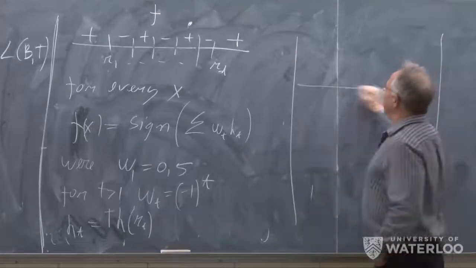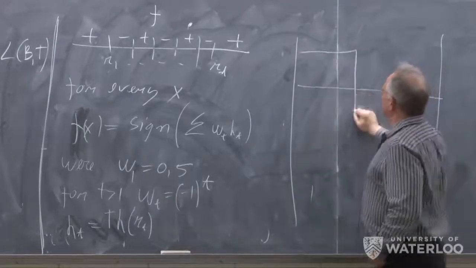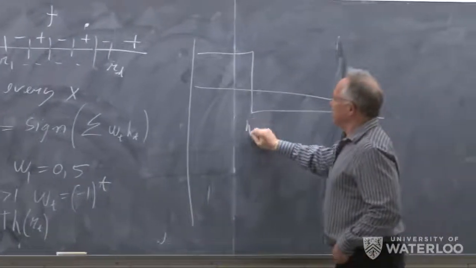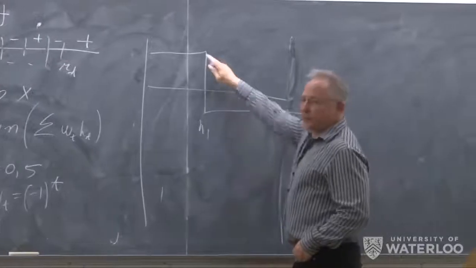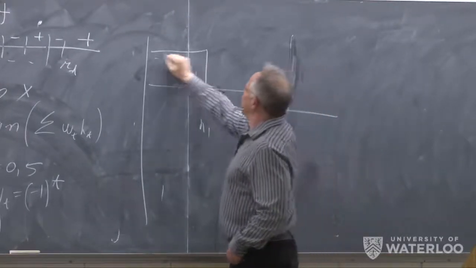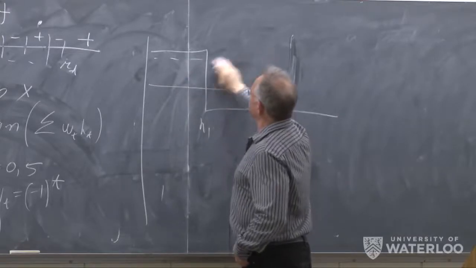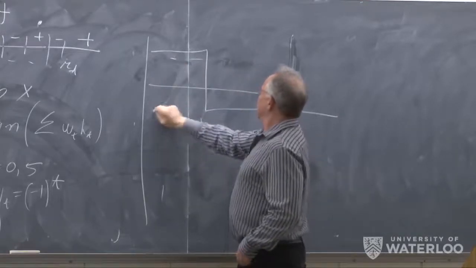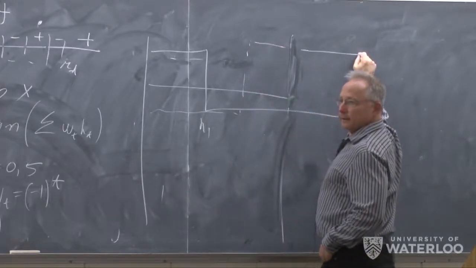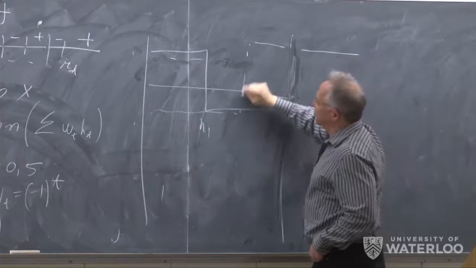So what we have here is the first function gives me this. The first h1 gives me this labeling, +1, -1. Right? h2 gives me some other labeling, which is minus here and plus here. And this is R2. This is R1.